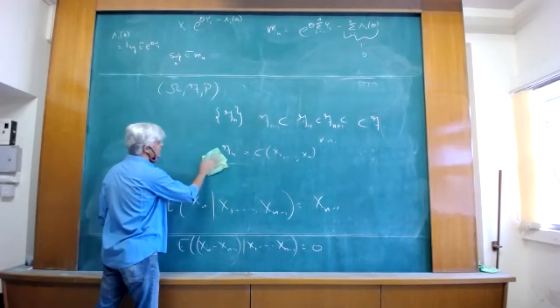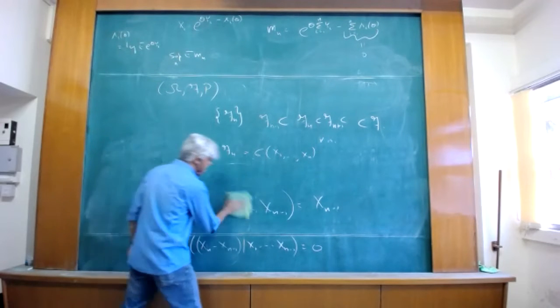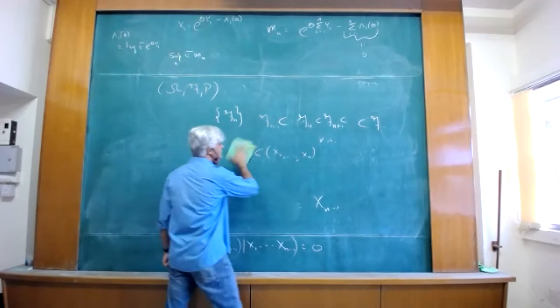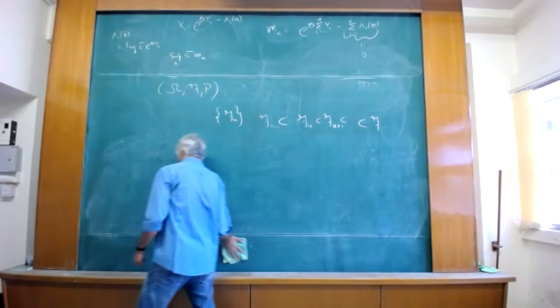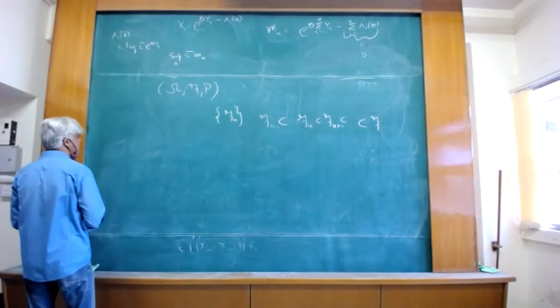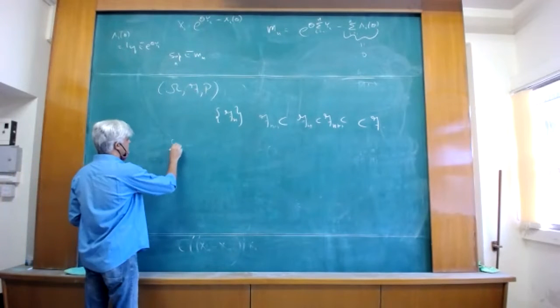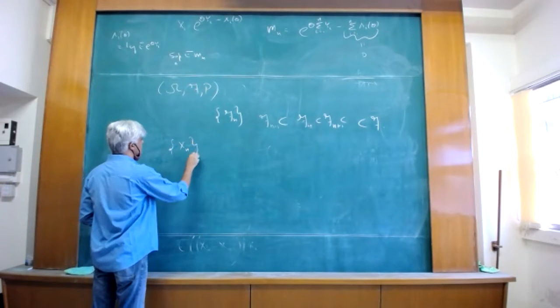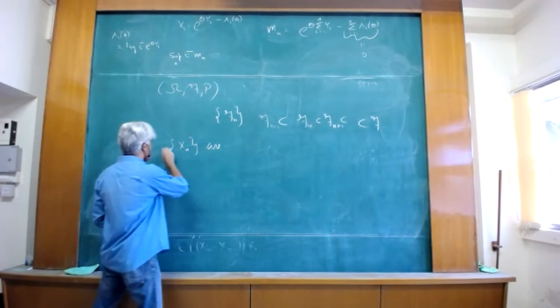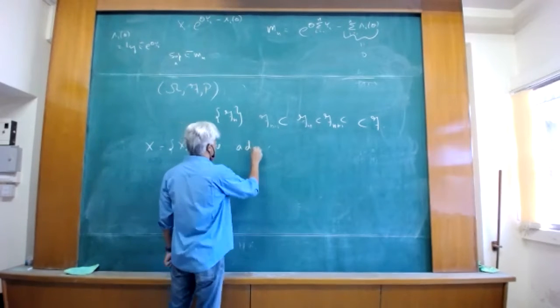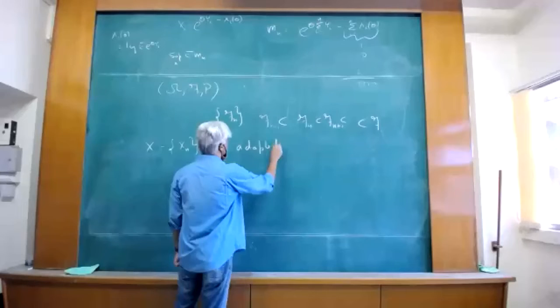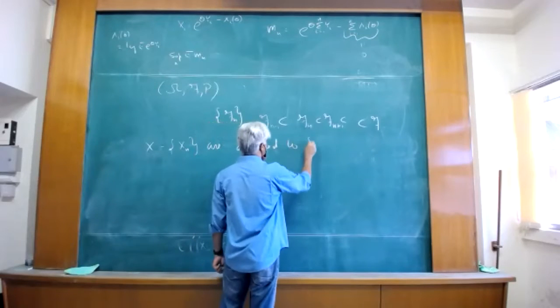Okay, so now we define adaptedness. We'll say a sequence of random variables Xn is adapted to Fn.